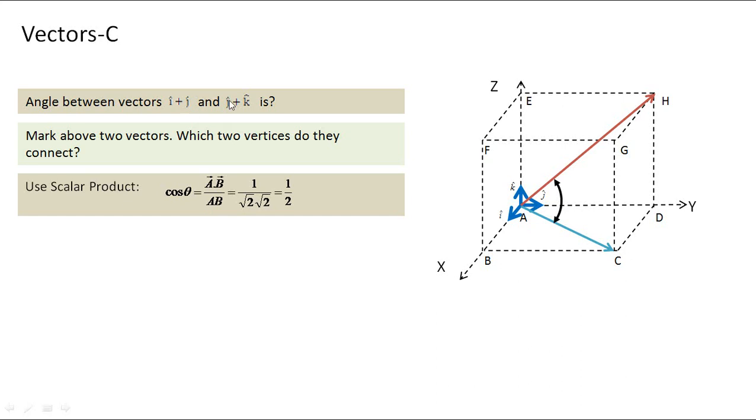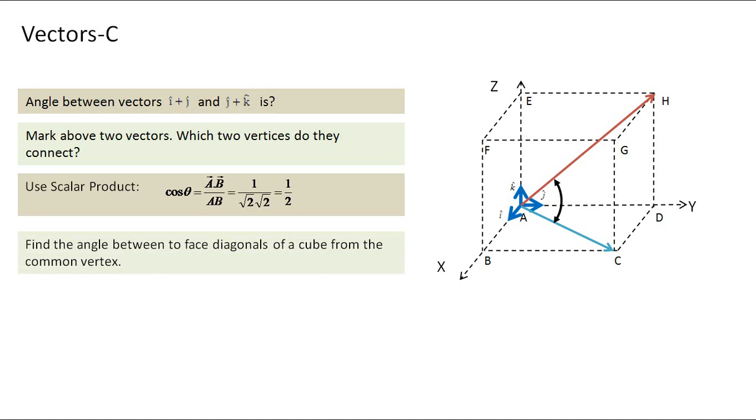This vector dot this vector, x component multiplied by x component, 1 into 0, y component into y component is 1 into 1, 1, and z component into k component, which is again 0. So dot product is 1, this magnitude is root 2, this magnitude is root 2. I substitute the values. We find cos theta is equal to 1 by 2. If cos theta is 1 by 2, theta is equal to 60 degrees.